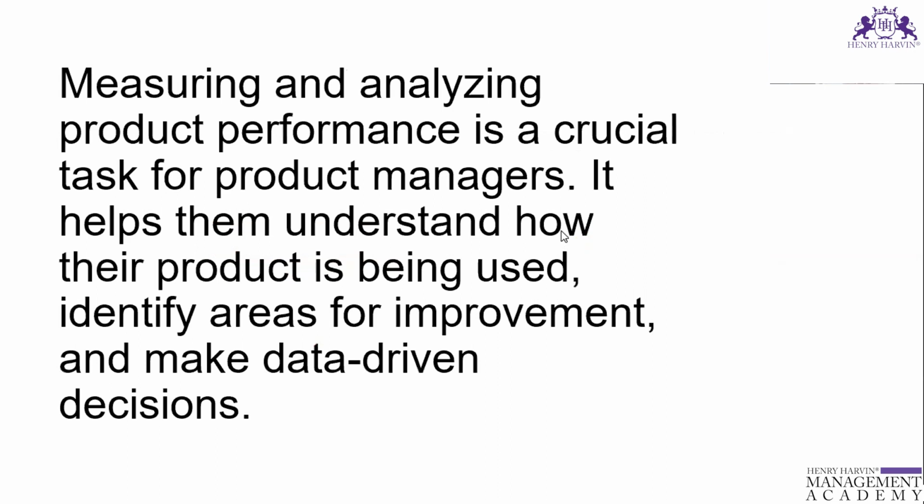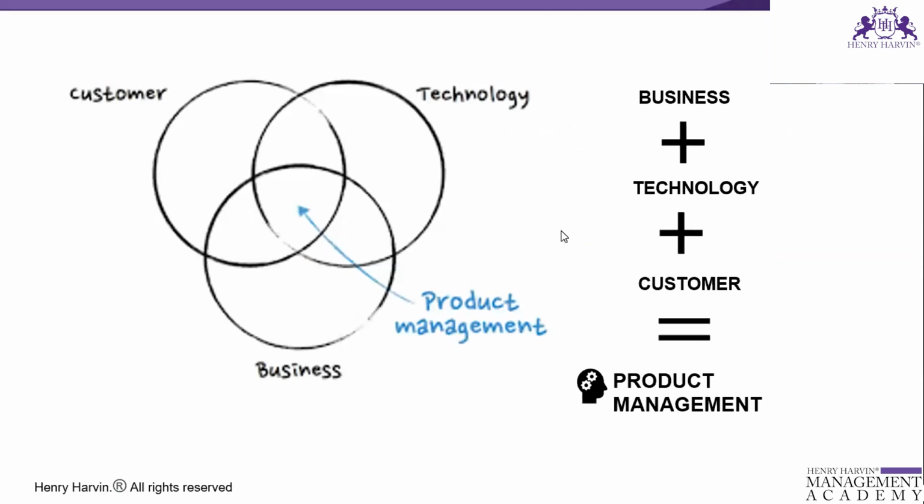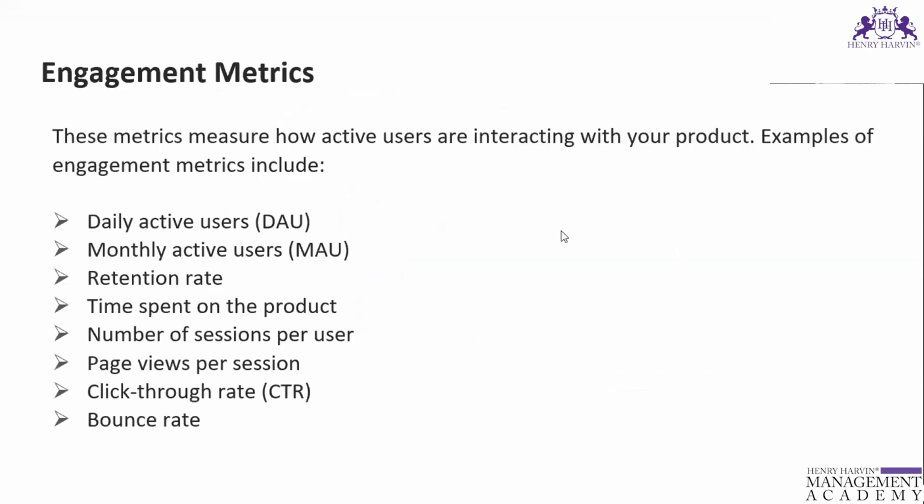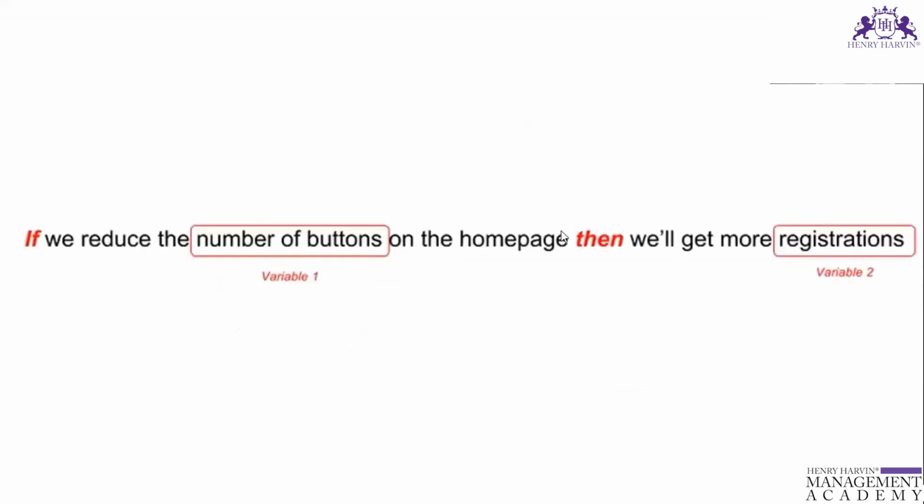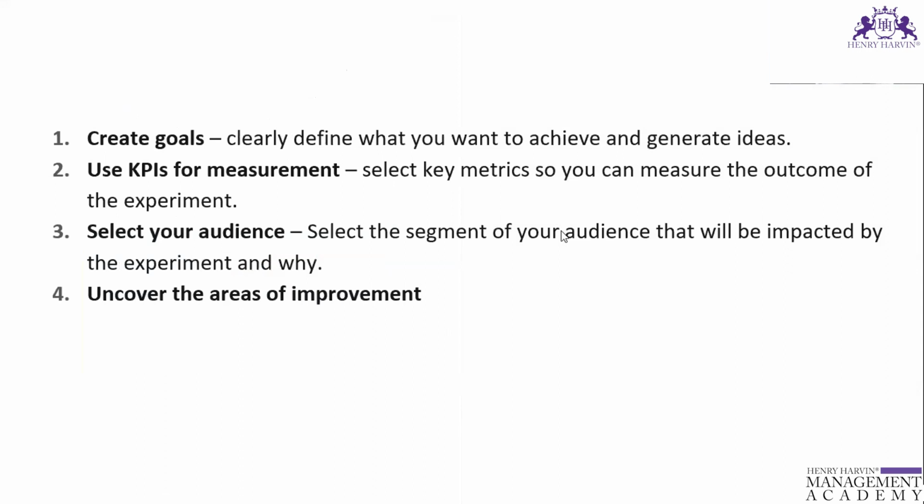We should measure the product performance, and it is a very critical task for product managers. The second step is to understand the different KPIs for the measurements. If you are talking about a software product, we can identify some kind of success metrics.